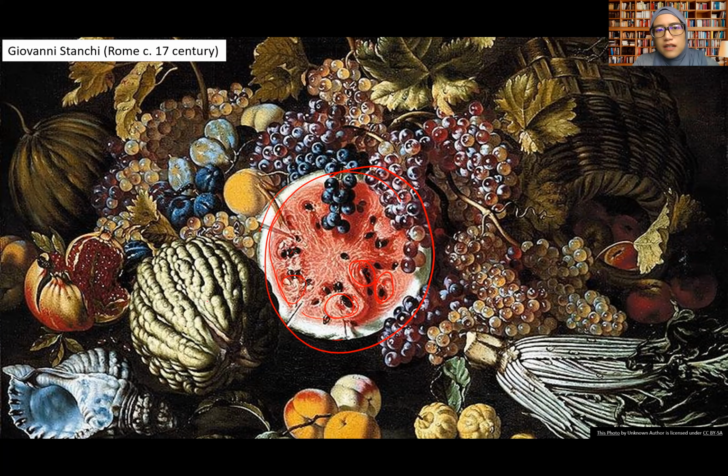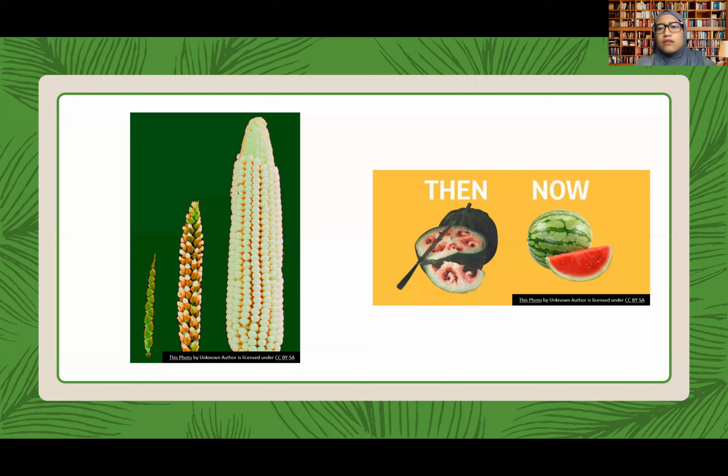And I think this looks like, I don't know, probably a pumpkin. Anyway, the watermelon that we have now is nothing like this. Our watermelon looks like this instead of like this. This is from the same painter as well.